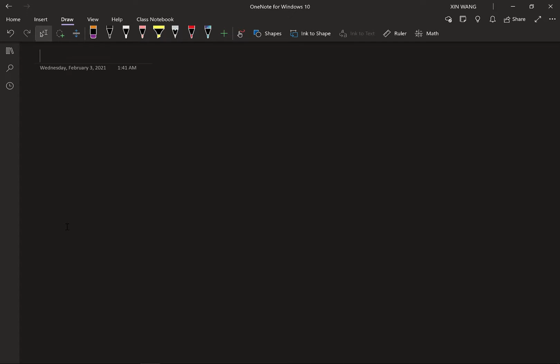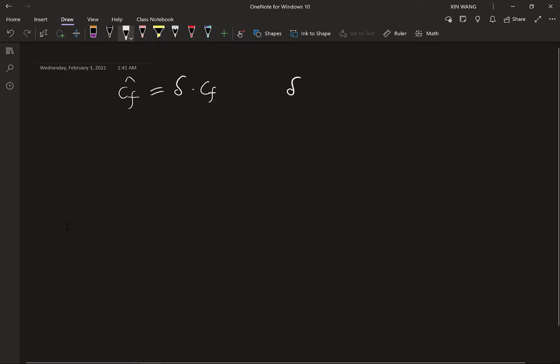Now let's see the impact of the input parameters. Let's say we have an error in obtaining the parameter CF, which is delta times the real fixed cost. Here we also have this parameter delta close to 1. The error of the parameter estimation has two impacts.